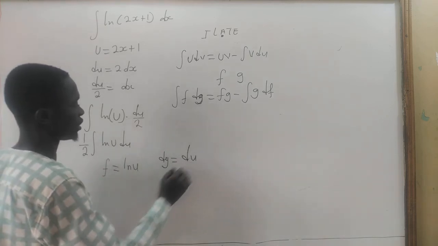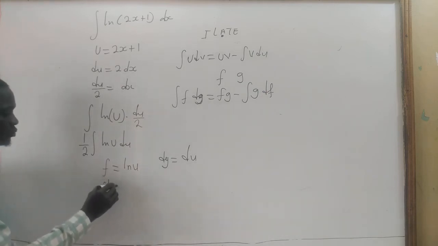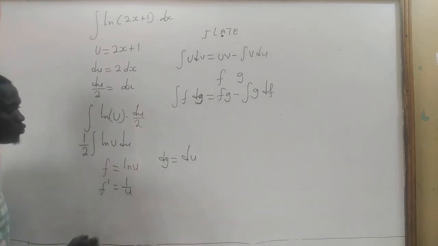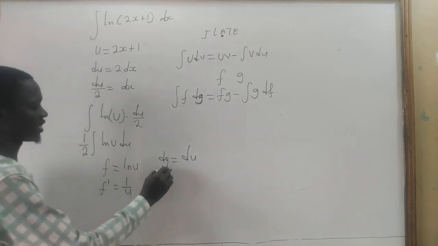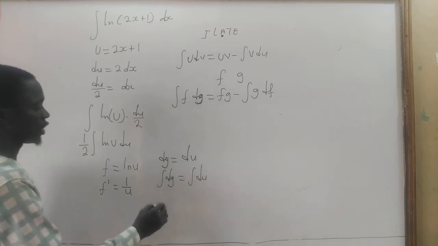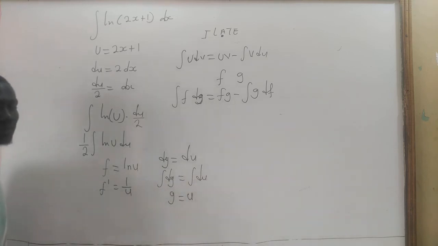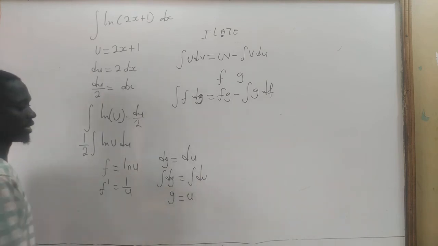So here we have our f prime equal to 1 divided by u. And if we integrate dg, we are going to have g equal to u. Very simple as that.